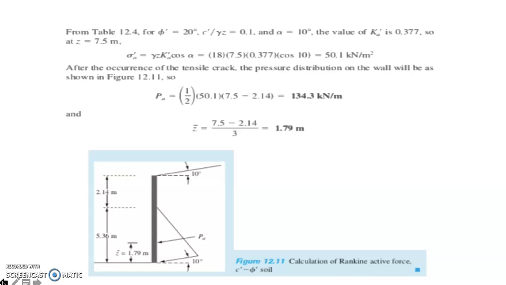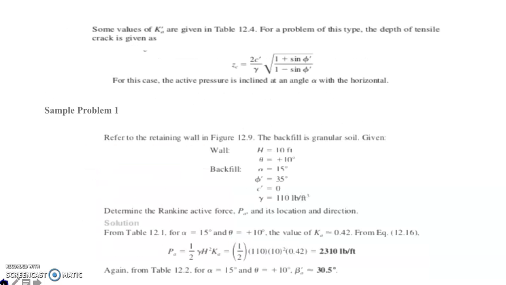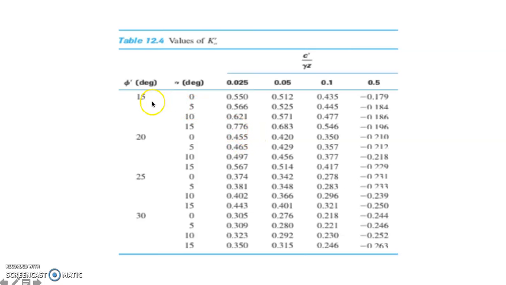So we can have here our value for K A. In table 12.4, our phi prime is 20 degrees, then alpha is 10 degrees, and the ratio between C prime over gamma Z is 0.1. So this is the value for our K A, 0.377.